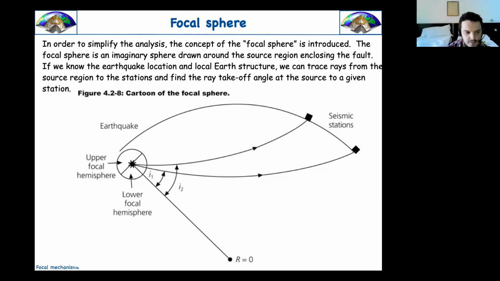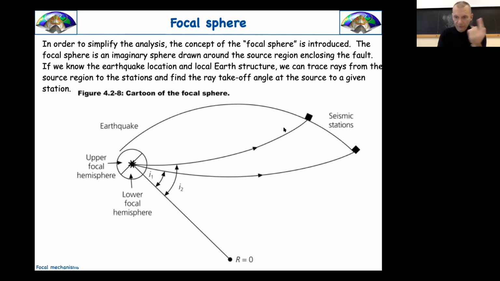Now we have to take the time back. At this station, we got a ray. Now, we assume to know what is the structure of the Earth. We have the distance of a source, this angular distance here.